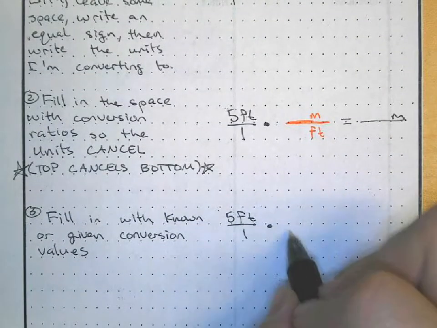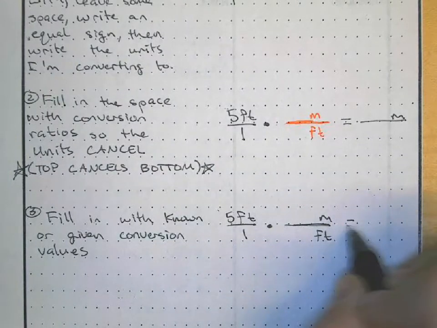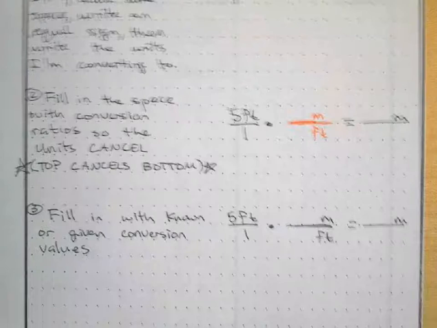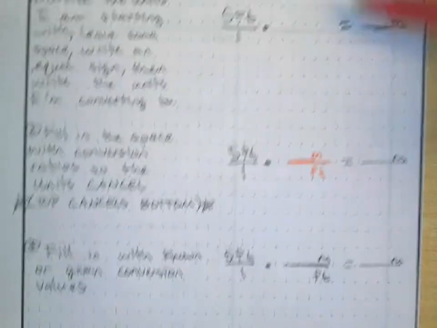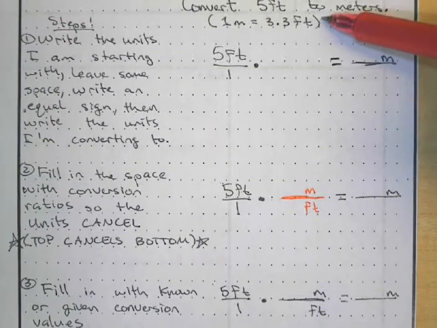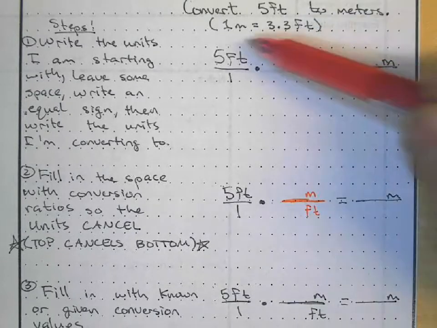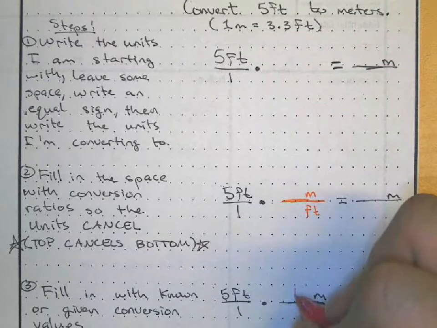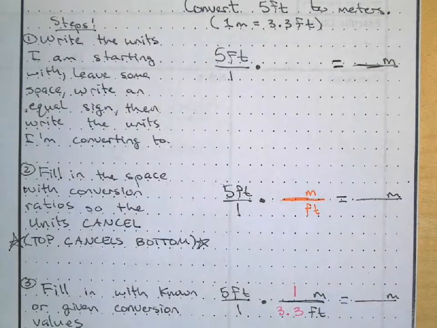Now it's time for me to fill in. This is what we did in our last step, just rewriting that part. Now I'm going to fill in with my known or given conversion values. So here's my conversion values that are given to me. 1 meter is equal to 3.3 feet. So I'm going to have 1 meter, so I can put a 1 next to the meter. And then I have 3.3 feet, so I can put 3.3 feet.